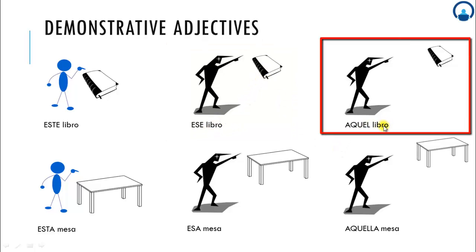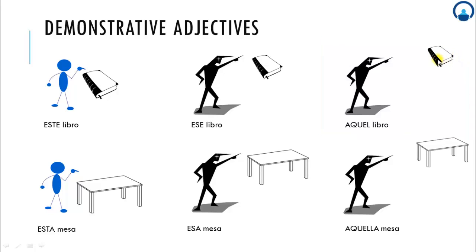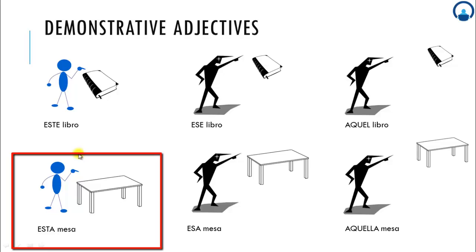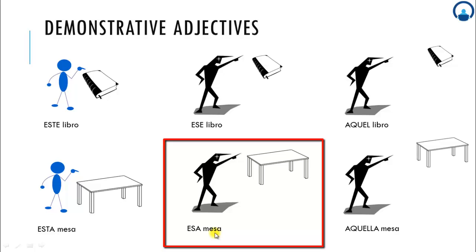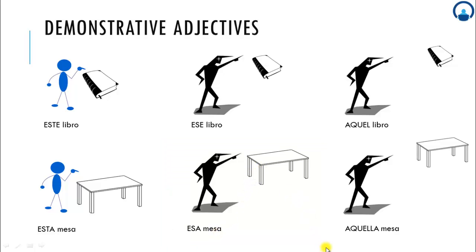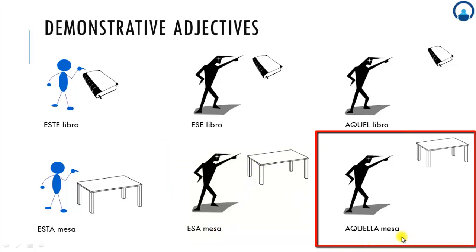And aquel libro means that book, which is far more. Similarly with the feminine, esta mesa. Mesa means table. Esta mesa means this table. Esa mesa means that table. And aquella mesa means that table, which is farther, far more the distance than any of them.